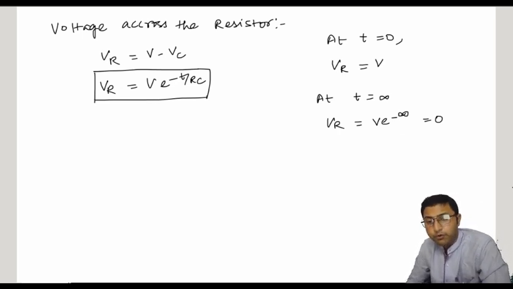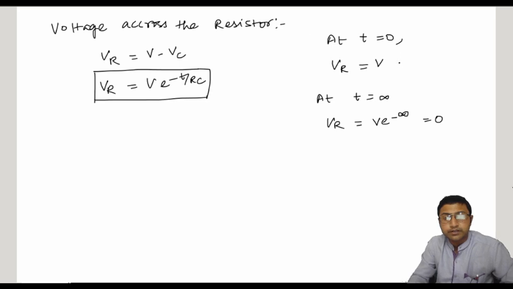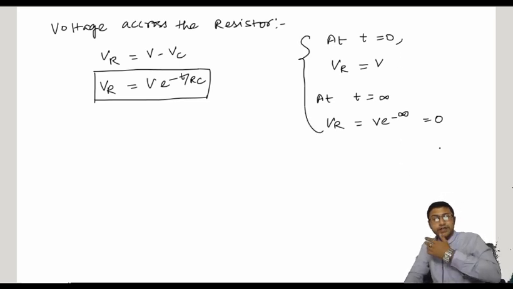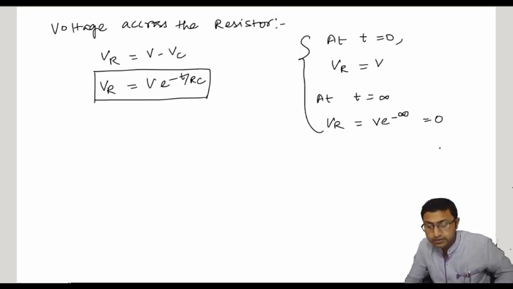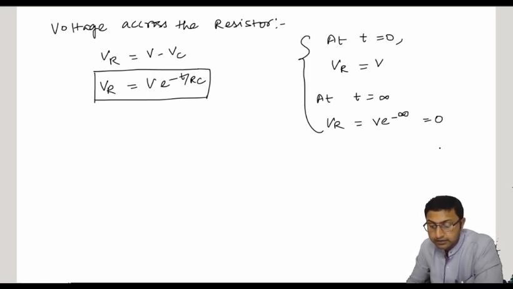That means from these two equations, we can tell that the voltage across the resistance starts from a constant value, that is the supply voltage 10 volt, and finally it reaches the steady state value of 0 volt.